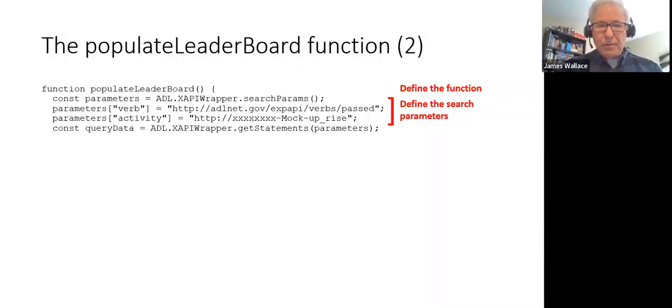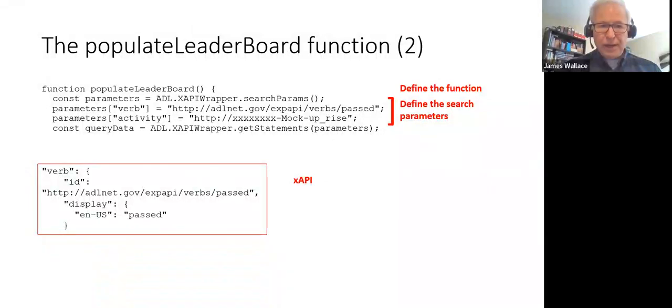So next, we're going to define the parameters that we're going to look for in our query. And these kind of match up with what we've got in our xAPI statements. So we're looking for a verb, and in our xAPI statement, we had a verb in there.